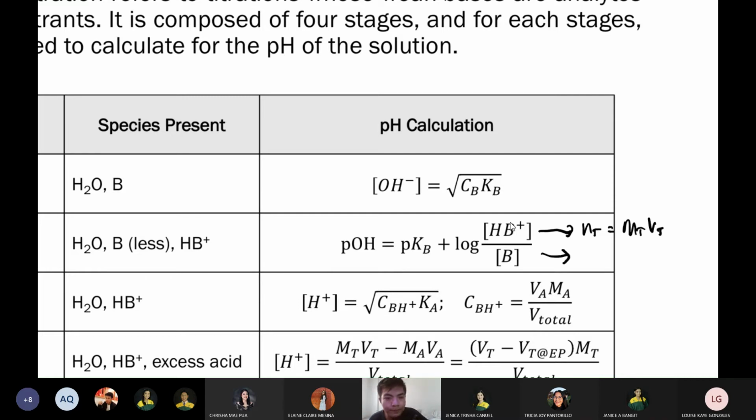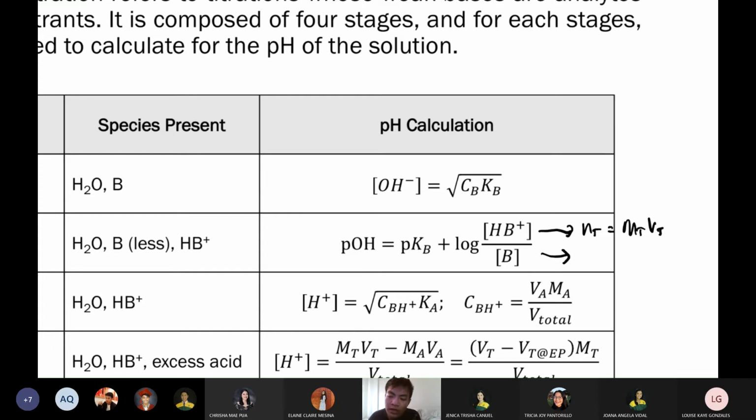How about the base? We said here that the base is less. The base is being reduced. So that means I have to subtract something from something. What do I subtract? The moles of the base minus the moles of the titrant added, the moles of the acid.